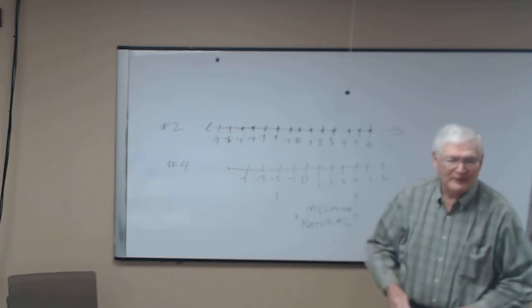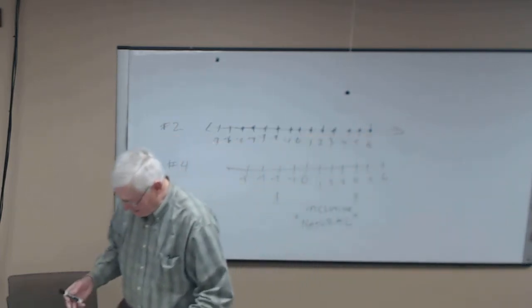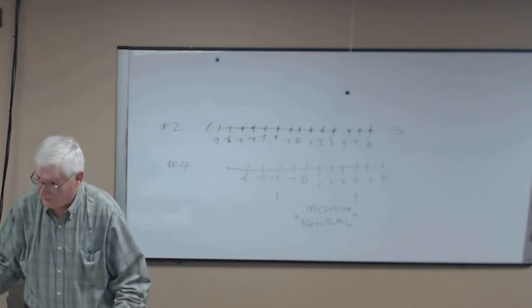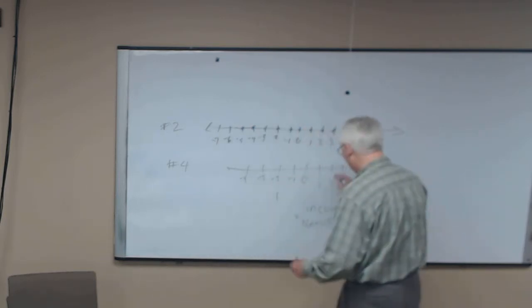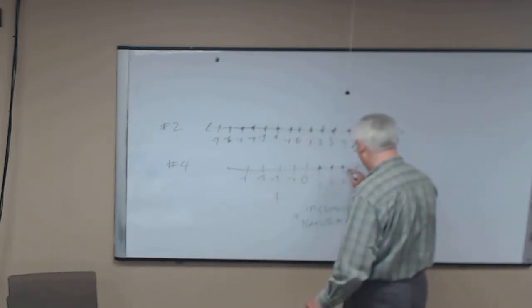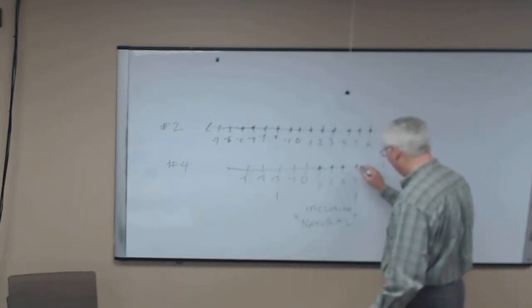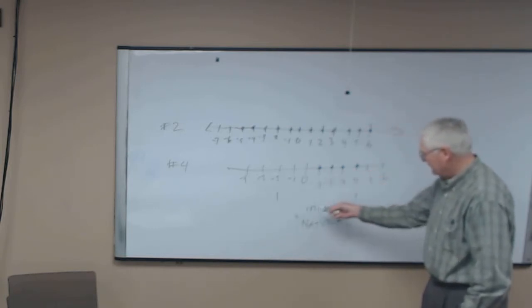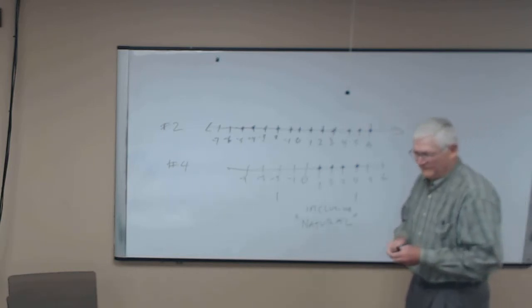So the natural numbers are the numbers that we count with. 1, 2, 3, 4, 5. So I put a little purple dot on 1, 2, 3, and including 4. If it said between, I would stop at 3. If it says inclusive, I would include 4. Okay?